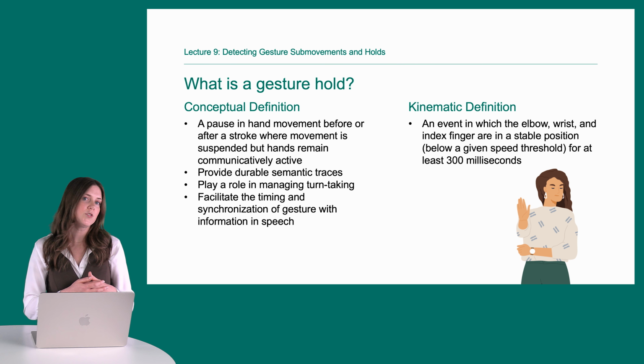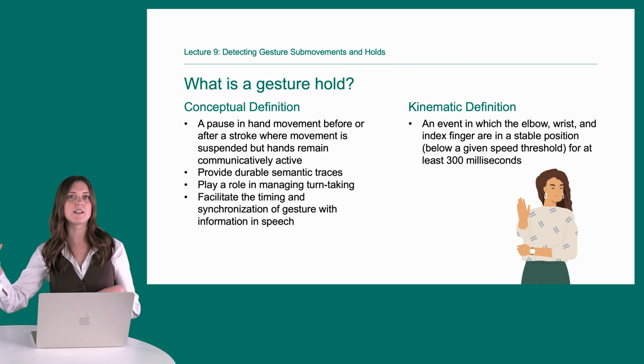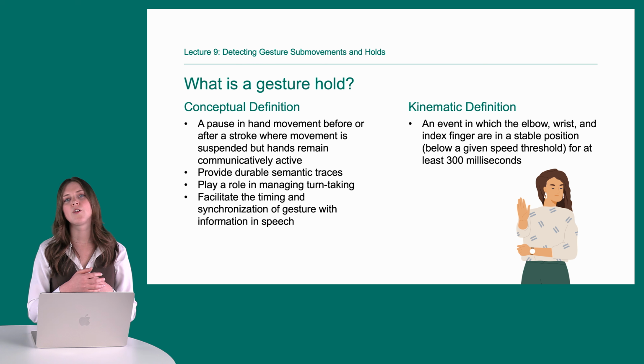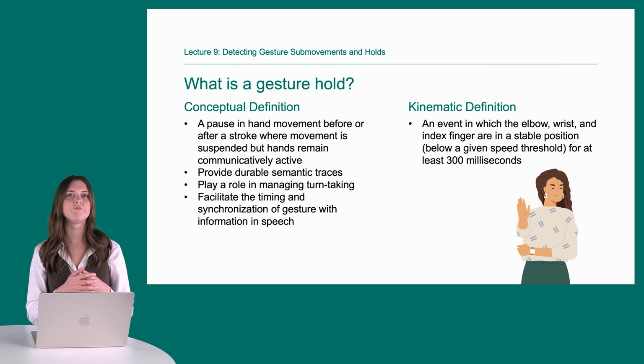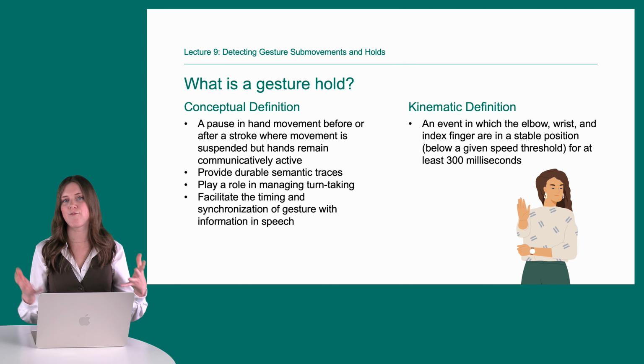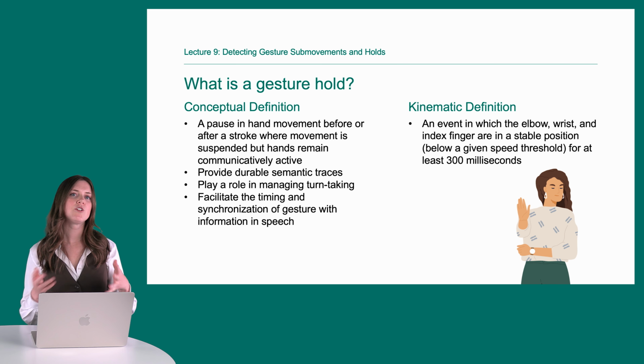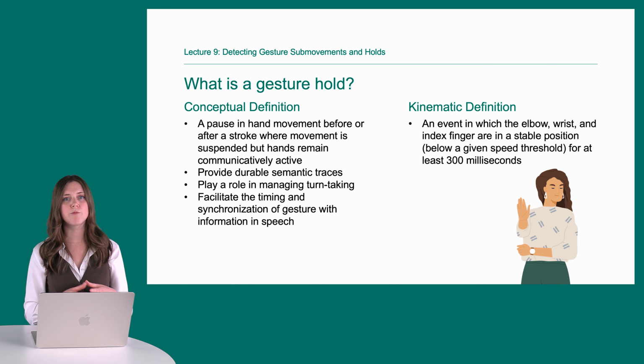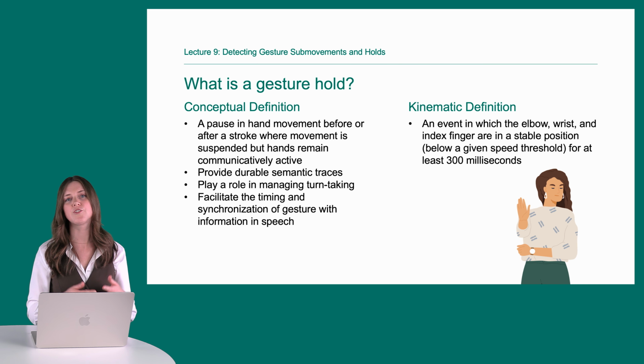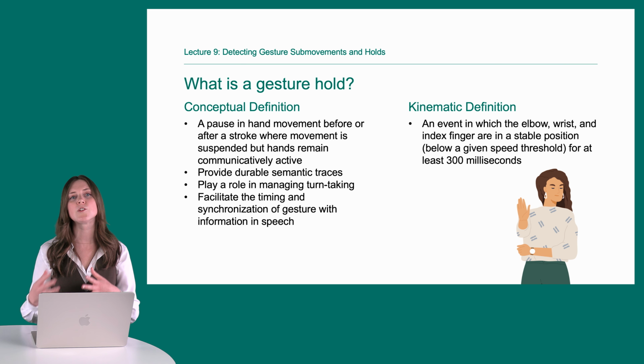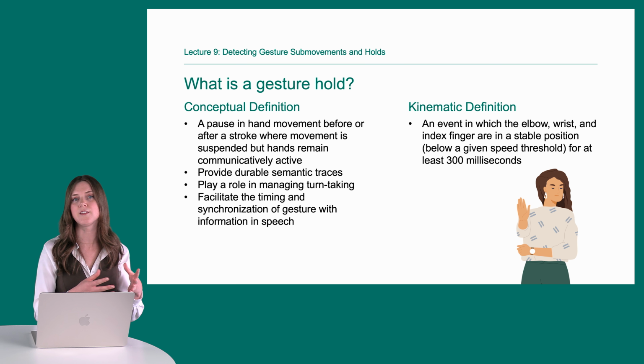For example, some gesture strokes move all three joints together, but for other gesture strokes, it's possible to move only the wrist or only the index finger. We want to make sure that everything is still. And we choose a minimum length of 300 milliseconds because previous research has reported that 300 milliseconds is long enough that we visually perceive it as a pause in movement.